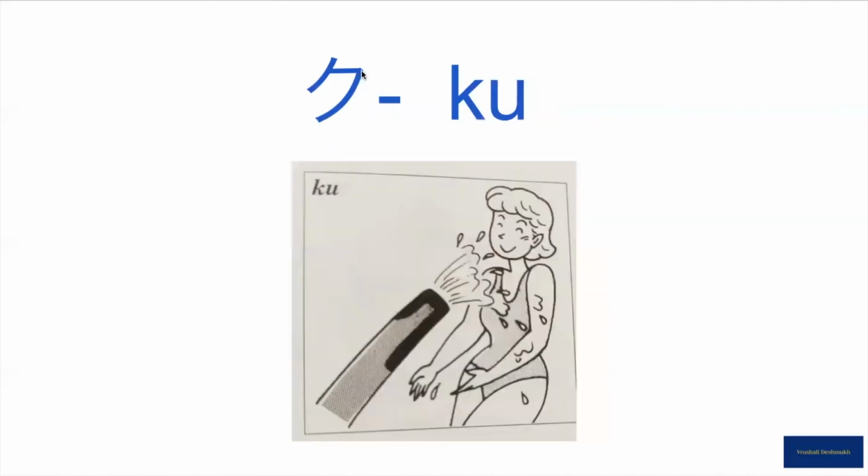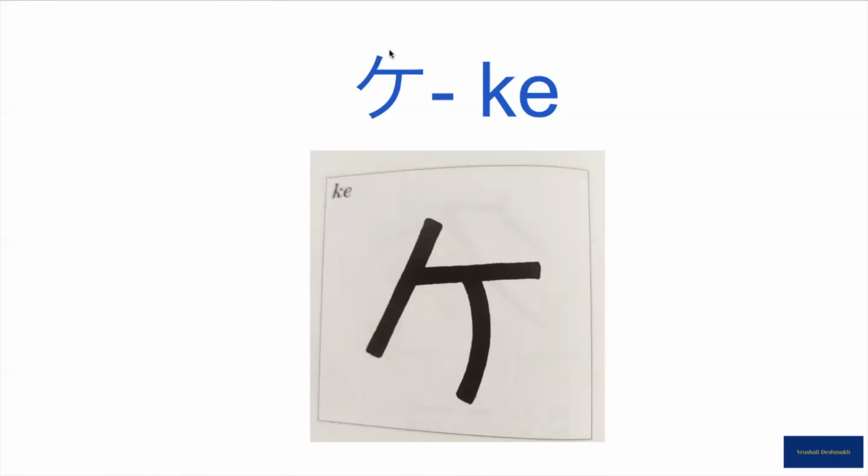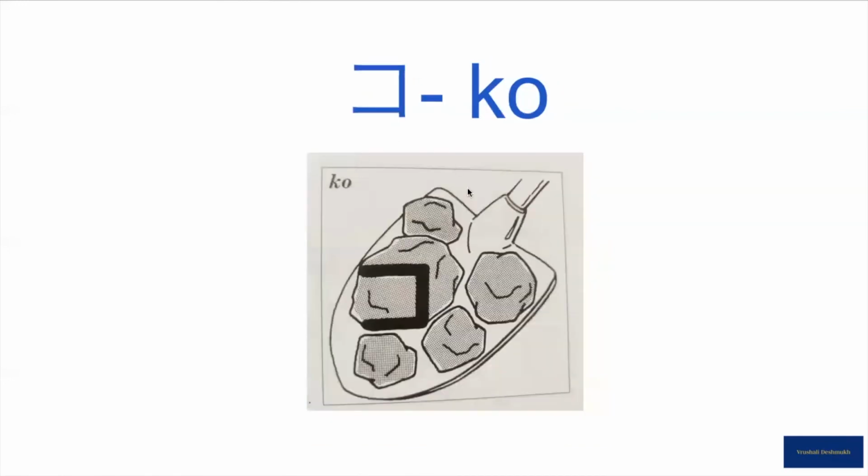In ku you only have it like this, but in ke you have the stroke extended. And the last one is ko, which is for coal. So pieces of coal is ko.